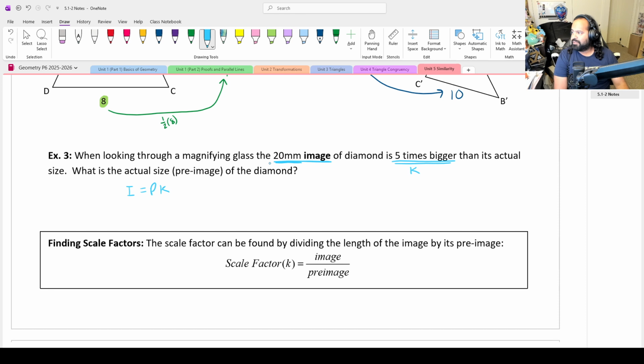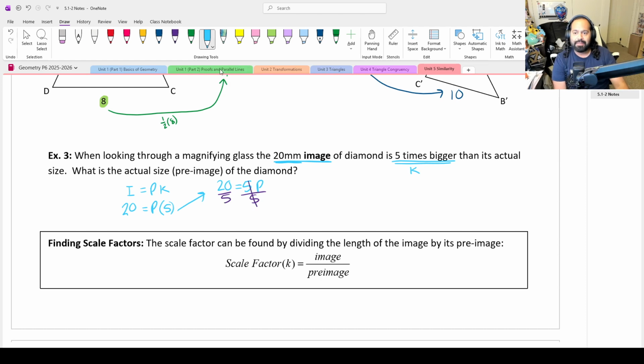Well, since my image was 20, we're just going to substitute 20 there. We don't know the pre-image, so we're going to leave that alone, but our scale factor is k. So we could rewrite this as 20 equals 5 times the pre-image. So then going back to algebra 1, all we have to do is divide both sides by 5.